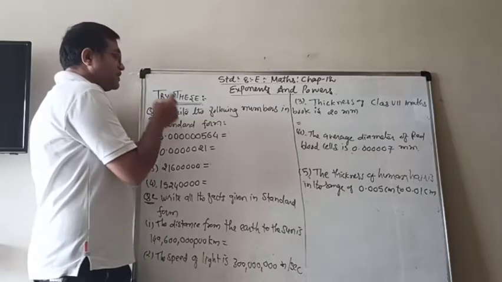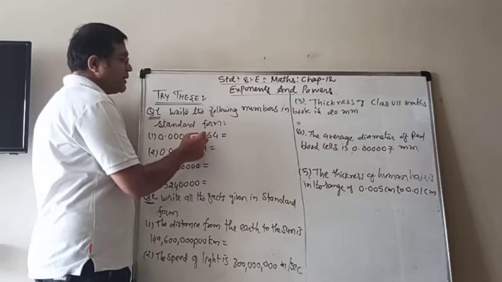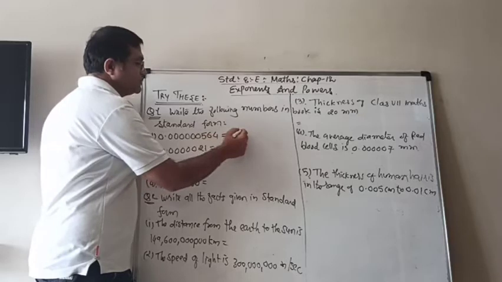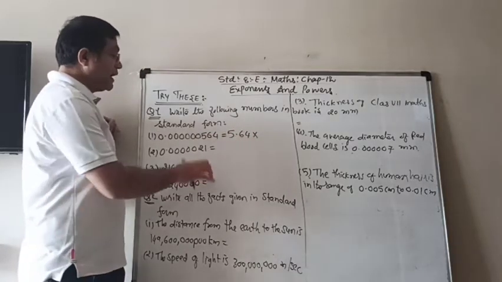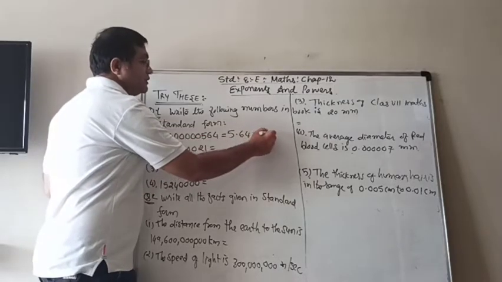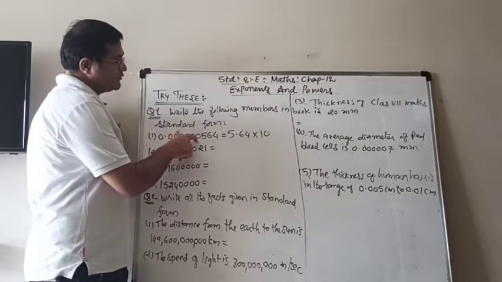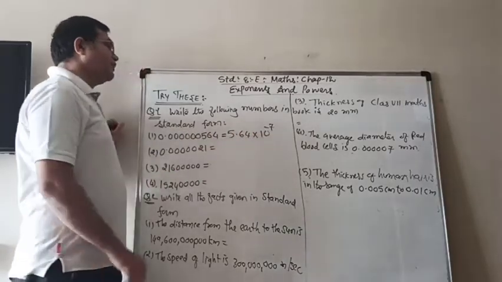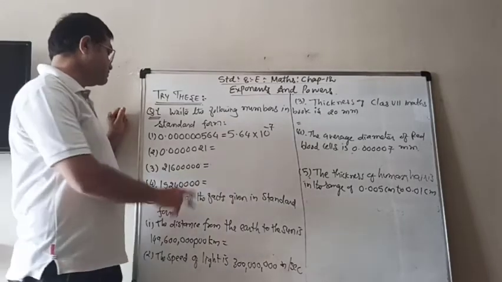Now, as I explained to you, the decimal point must be after the first non-zero digit, which means it will be after 5. So 5.64. Now we move to the right side and therefore there will be a negative power. How many? 1, 2, 3, 4, 5, 6 and 7 places. So 5.64 multiplied by 10 raised to minus 7.